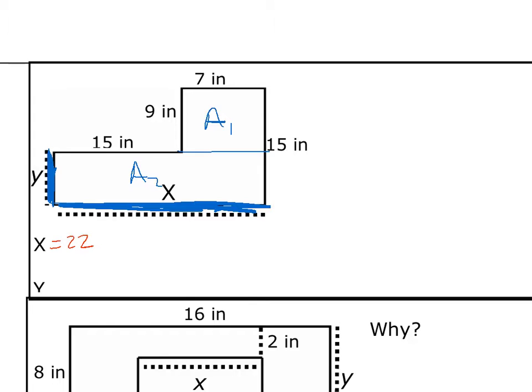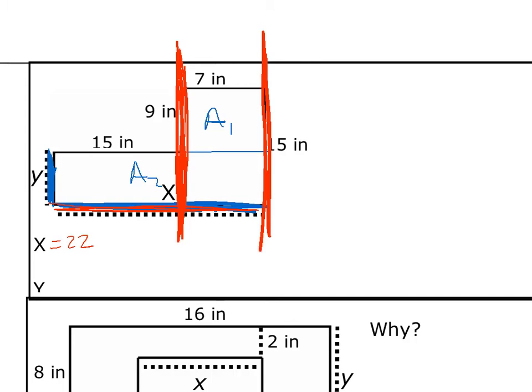Now, is there anybody who's confused about where that 22 came from? Because if we are confused about where that 22 came from, then we are not setting ourselves up for success for today. Michael, you're confused. Okay? So again, we're looking at the entire length here. We can break that entire length up into 2 parts, using this as a dividing line.